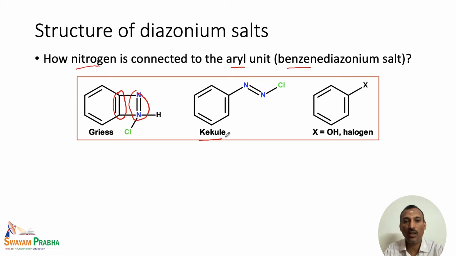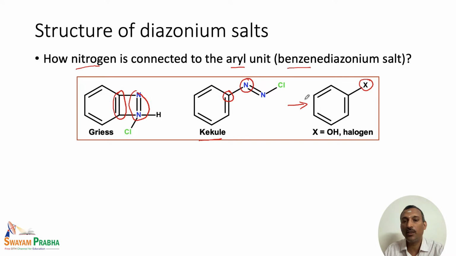Then Kekulé proposed a structure where only one nitrogen is attached to the aromatic unit, that is, one carbon and one nitrogen are the only two atoms connected to each other. He gave this structure because this diazonium salt can be converted to other derivatives, where X can be a hydroxy unit or a halogen or other substituents, and the diazonium salt can be directly converted to these kinds of compounds.